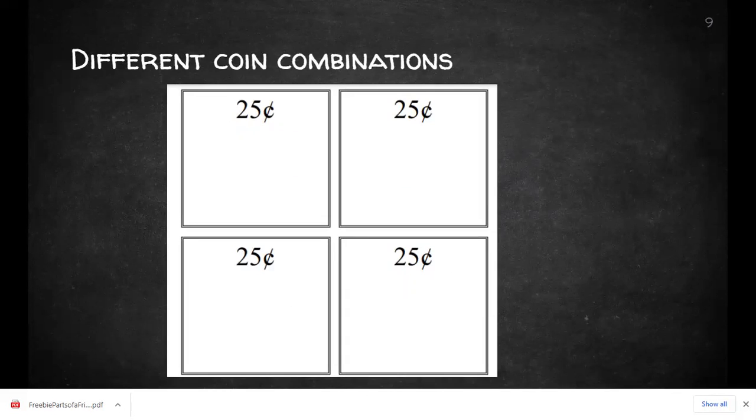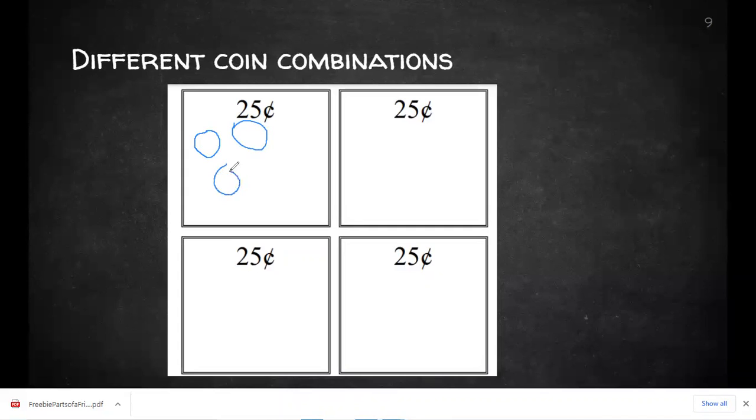So there's many different ways to get the same value, the same total, and that's the different coin combinations. So I want us to think of 4 different ways to get 25 cents. So we know that a quarter is worth 25 cents, right?